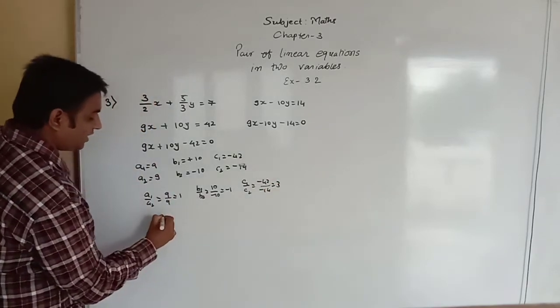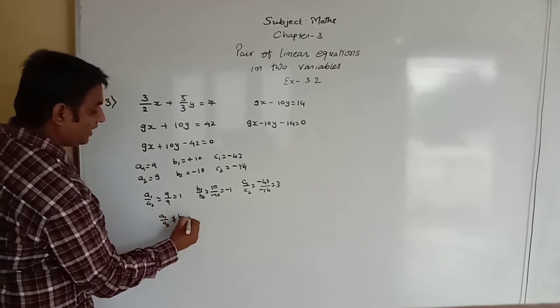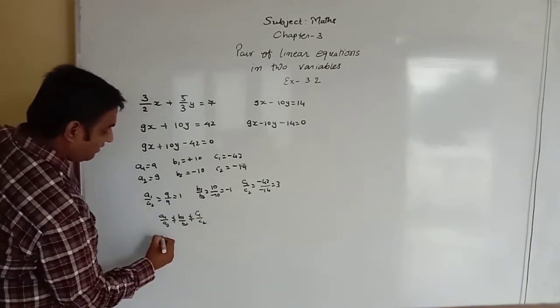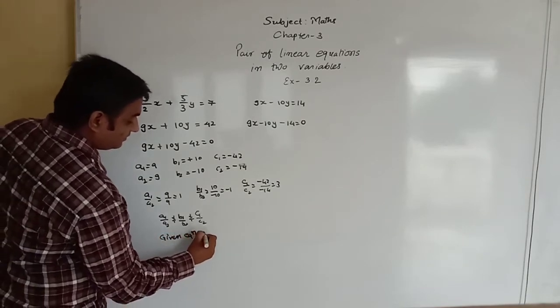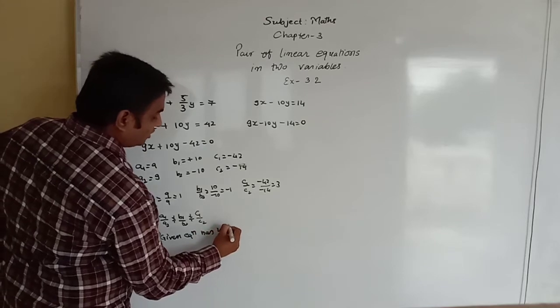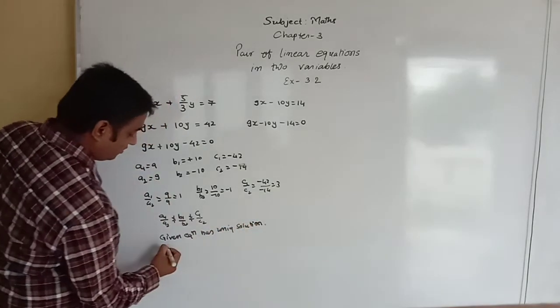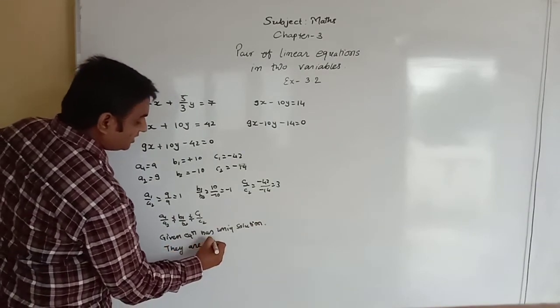And so we can see that the three ratios are not equal, and as they are not equal we can write that the given equations have a unique solution, and so they are consistent.